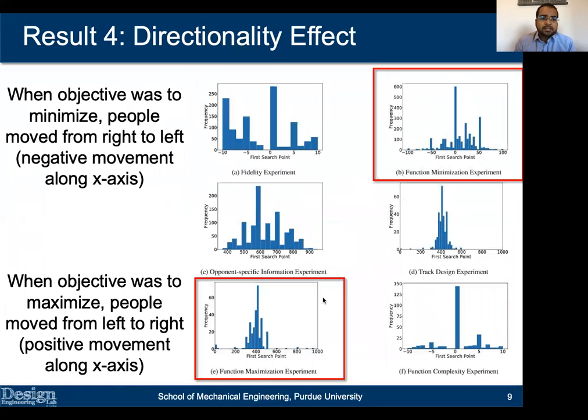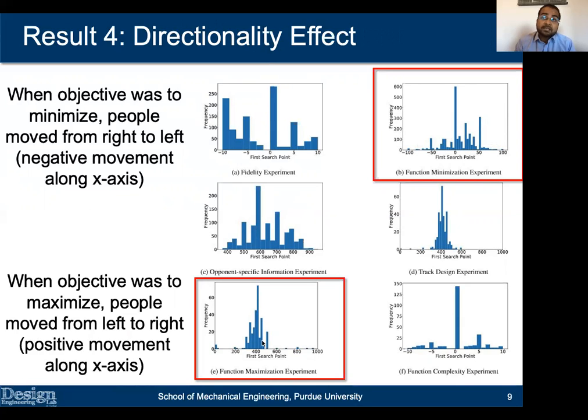The fourth result is a directionality effect that we observe across these different experiments. This experiment was a function minimization experiment, and this experiment was a function maximization experiment. What we observe is that in the minimization experiment, participants tend to choose values in the beginning on the right side of the midpoint of the design space, and then eventually move to the left.